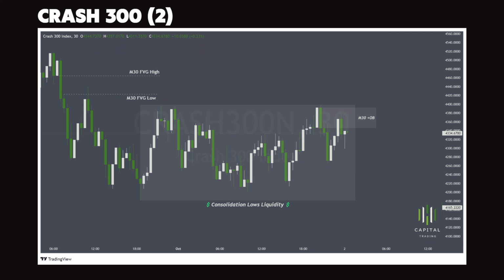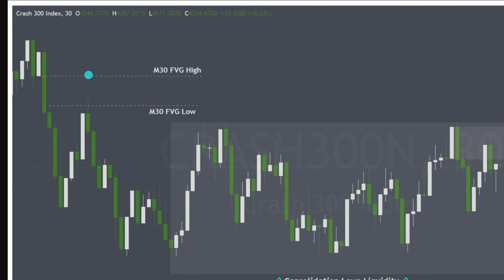For our second example, we had price dropping, then they went up into this fair value gap up here, then they dropped and broke market structure here, then went up.